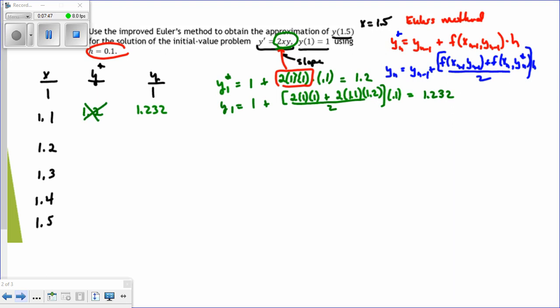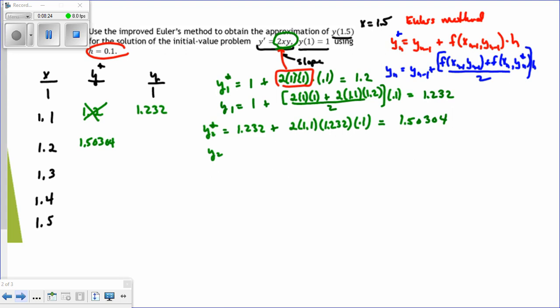Okay, now we're going to y2 star. Use the previous point. There's the y value. I need the slope at that point. That gives me the slope times the h. Okay, that gives me 1.50304. And we're just going to use that to get the real y, or not the real one, the estimated y value.